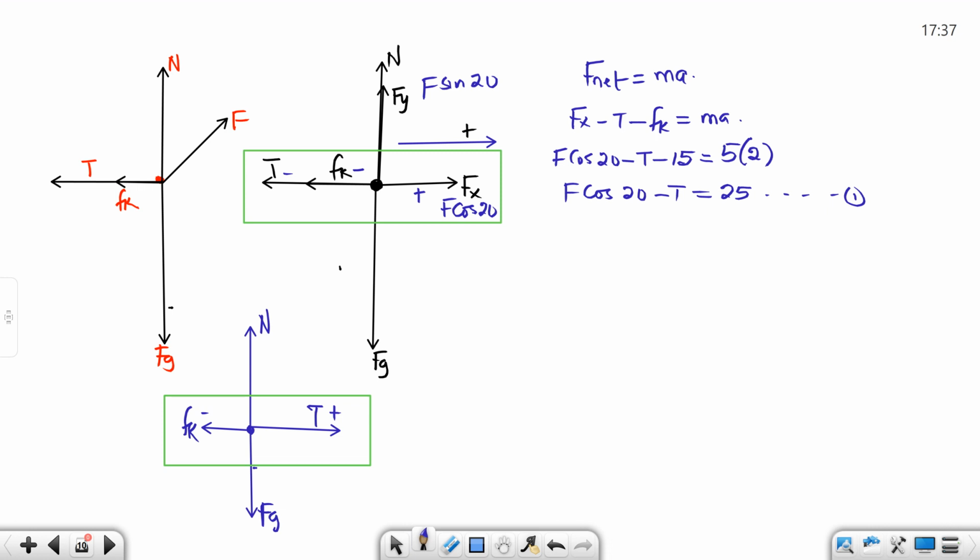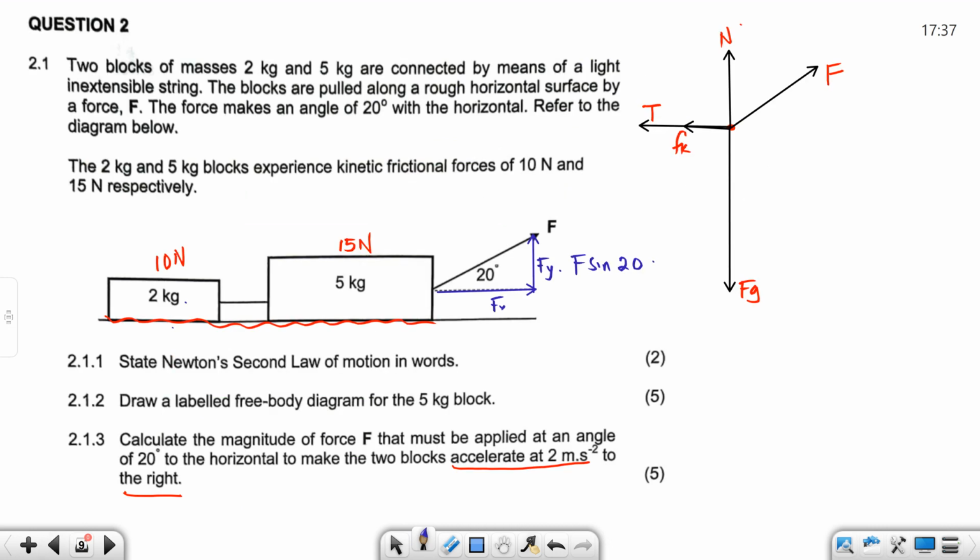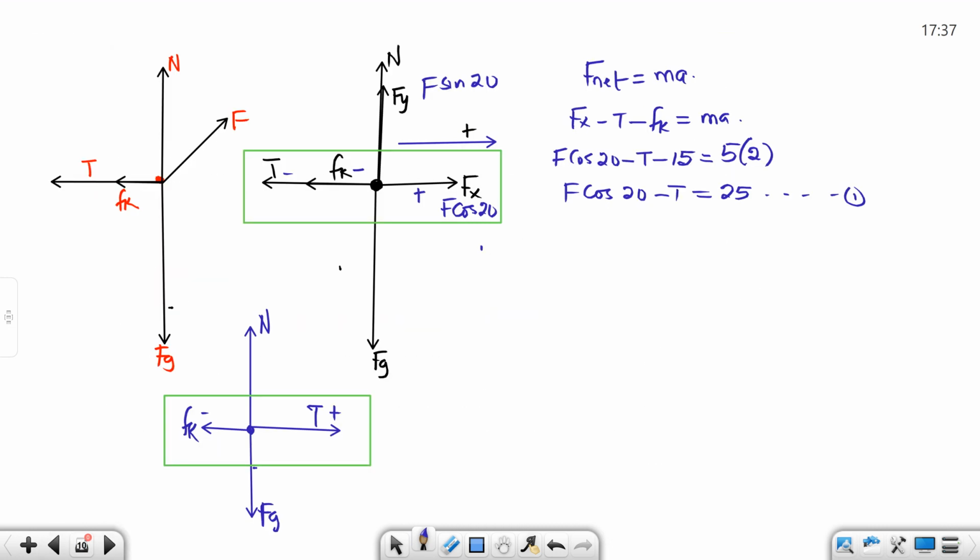If we look at the mass, it is 2 kg. For the 2 kg, T minus Fk equals ma. Our friction is 10. The mass is 2. Acceleration, here we can actually get tension easily. Tension will be equal to 14.